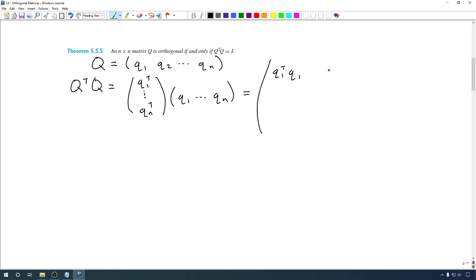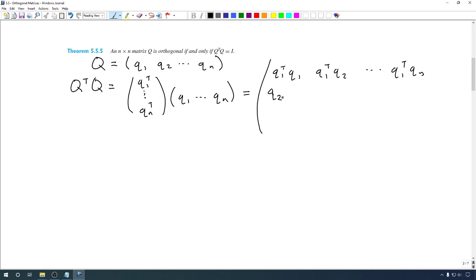Then for this next one, we're still going to use the first row, but now we're going to use the second column. So we have Q1 transpose Q2, and so on and so forth, until we get to Q1 transpose Qn. Then we have here, well, now we're dealing with the second row, but now we're dealing with each of the columns.